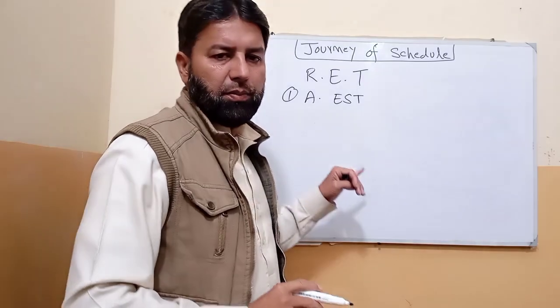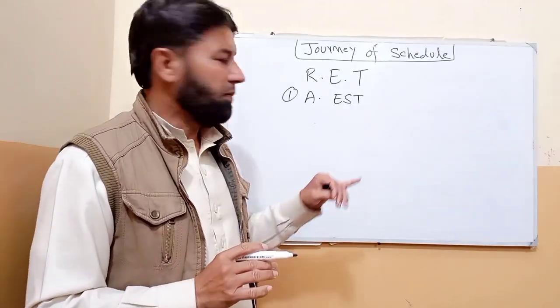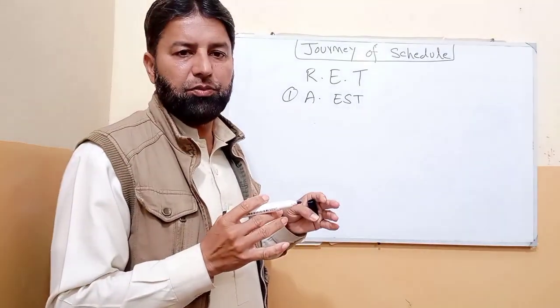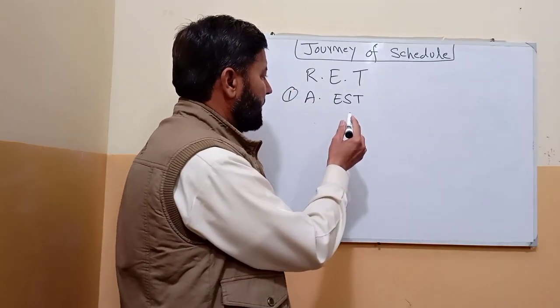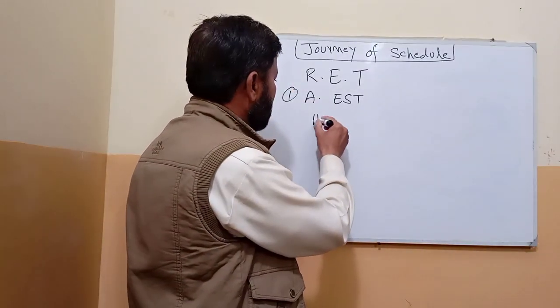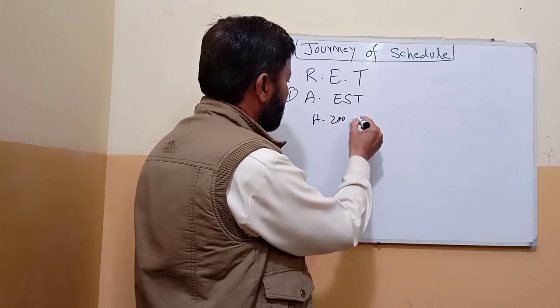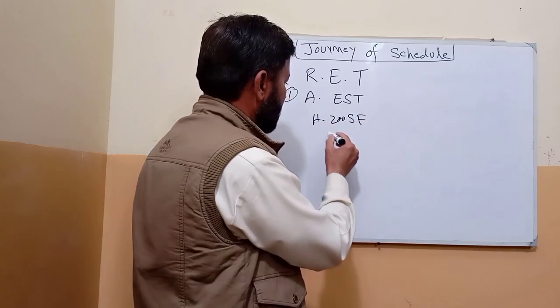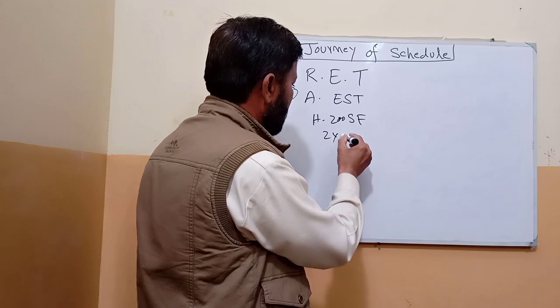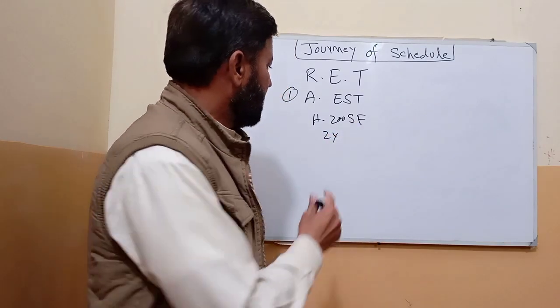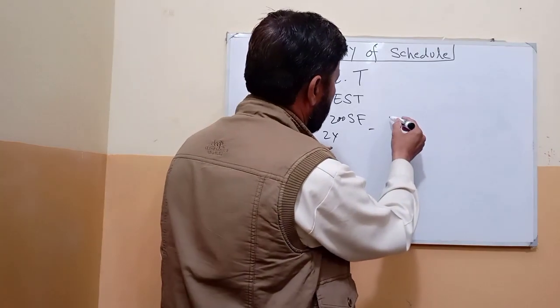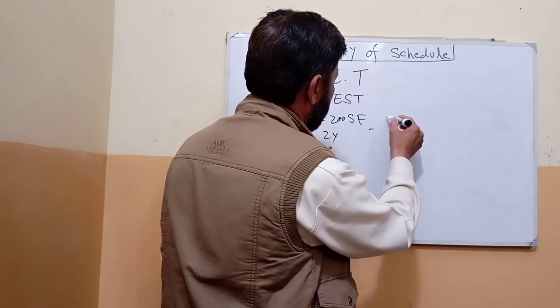Analogous comes from analogy, and analogy means same. For example, 2 years ago we built a house of 200 square feet and the duration was 6 months.